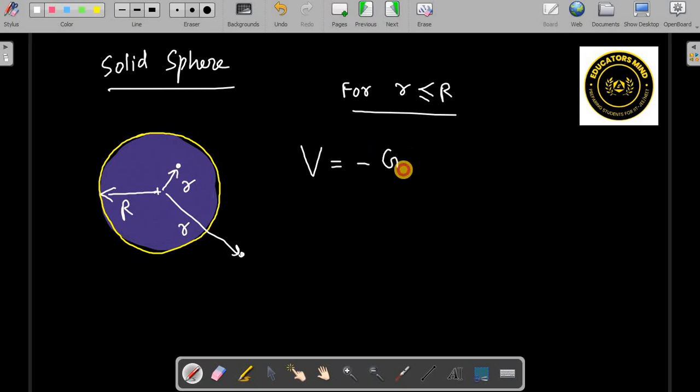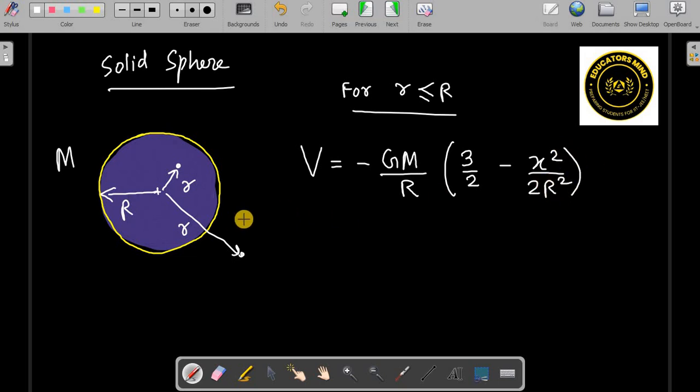Note that we can write this as, here capital M is the total mass, minus GM by R into 3 by 2 minus x square by 2R square. This formula we can use to calculate the potential for any point inside.